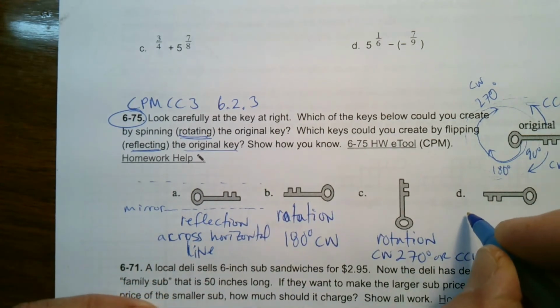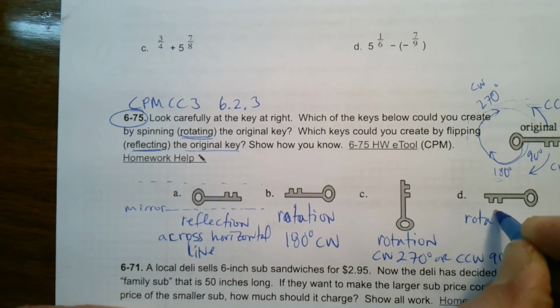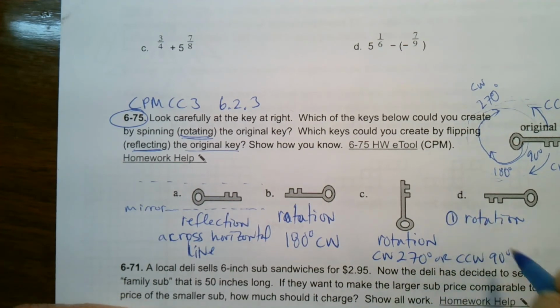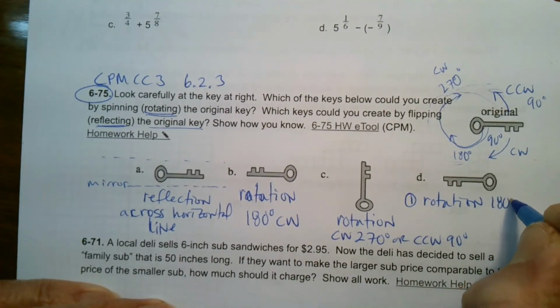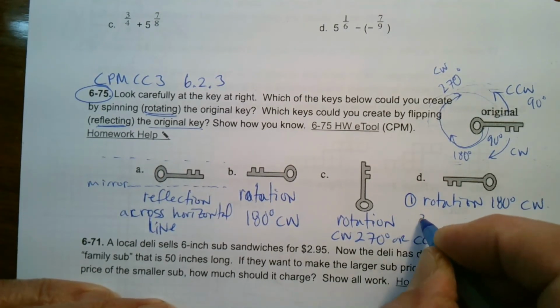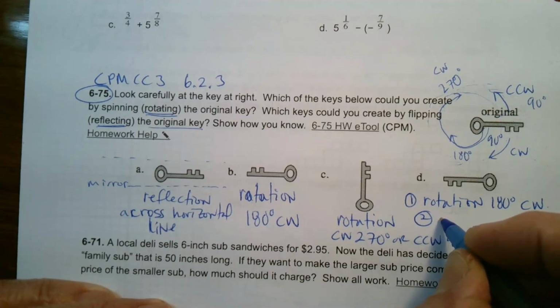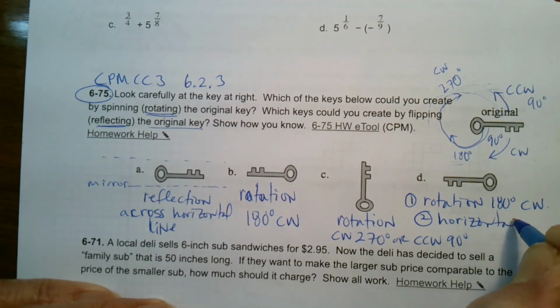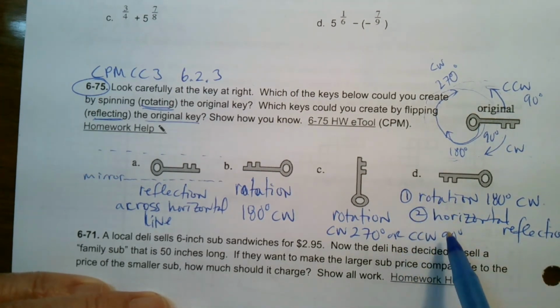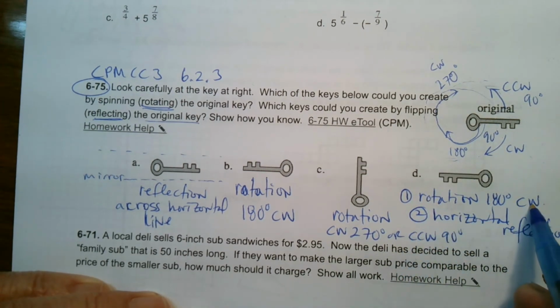So the first thing for D would be a rotation, 180 degrees clockwise. And then the second thing would be a horizontal reflection. That would be the second step for D.